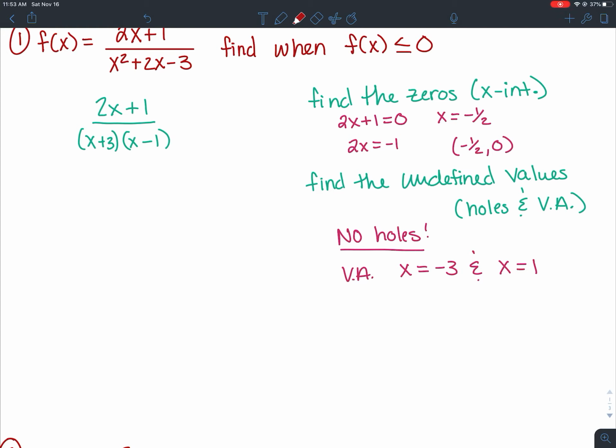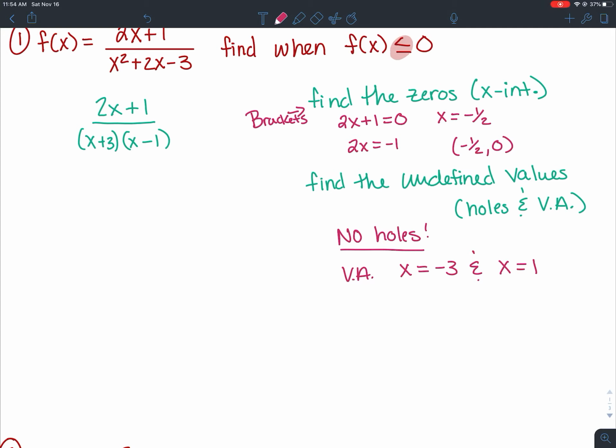These are like the points where things kind of start changing. Looking at this, it wants to know when it is less than or equal to 0. So it wants to know when this graph is below 0, when it is negative. With the equals-to signs, I'm going to end up using brackets for my zeros if they are a part of my solution, because it wants the equals-to part.